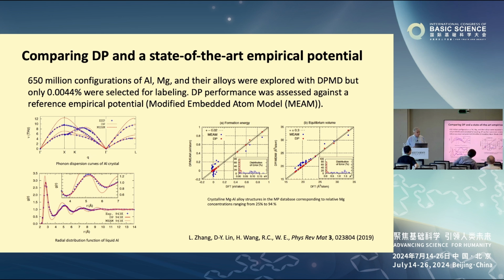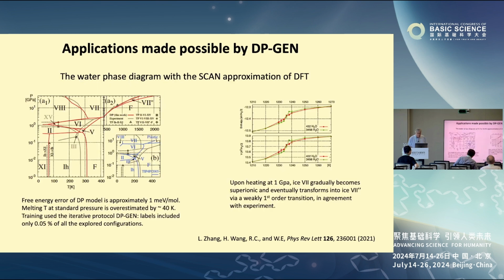Now, can we do something new with the scheme? And indeed, that is the case. One application that we did of this approach was the first prediction of the phase diagram of water over a vast range of temperature and pressure, entirely based on density functional theory, so no free parameter.